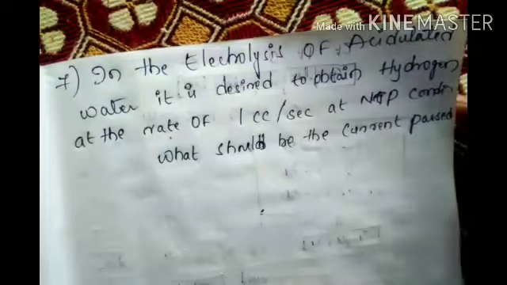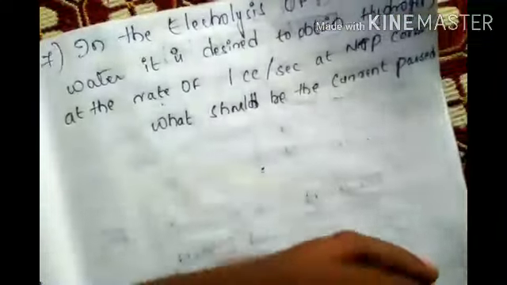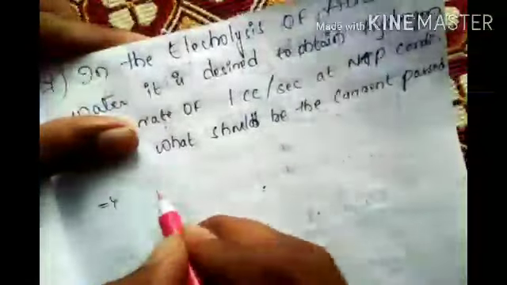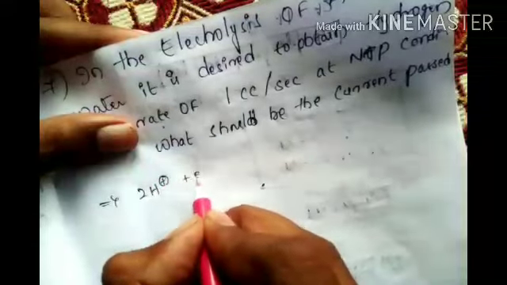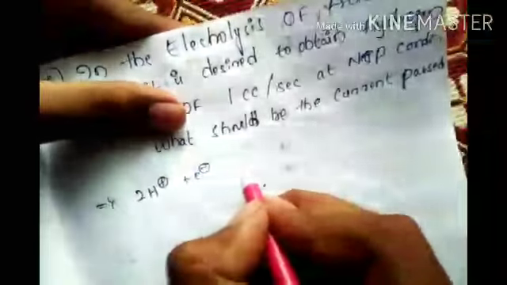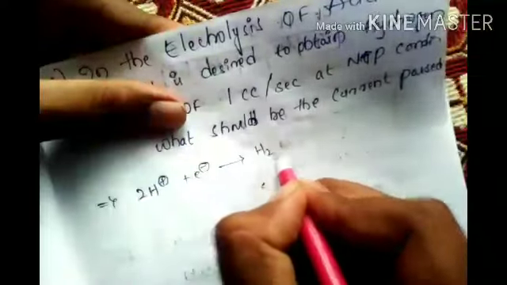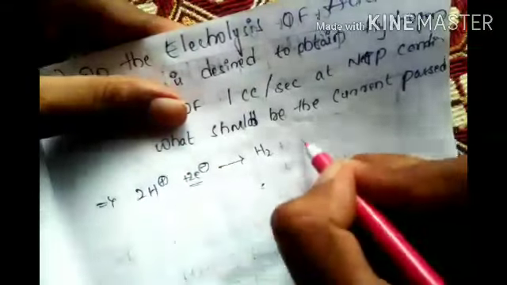Simple question. So in acidulated water, what we discussed yesterday, H2O is giving two H pluses, taking 2 electrons and forming H2 gas. 2 electrons are gaining, 2F.